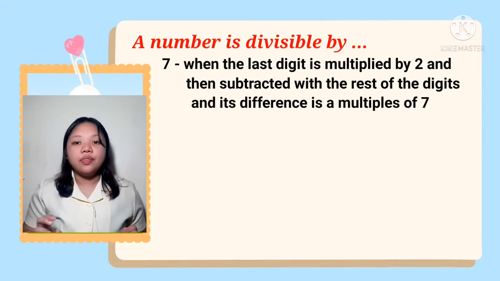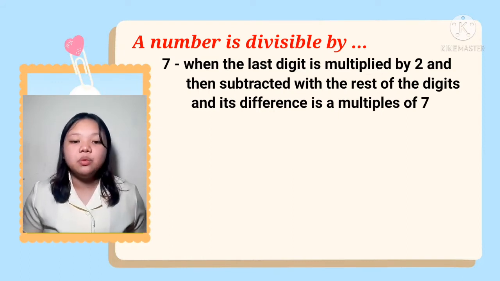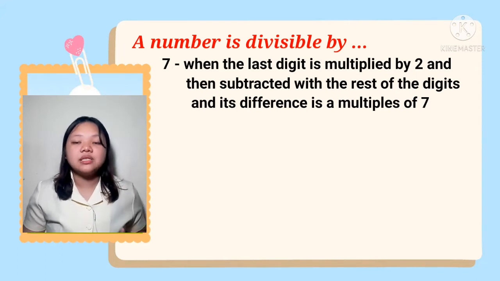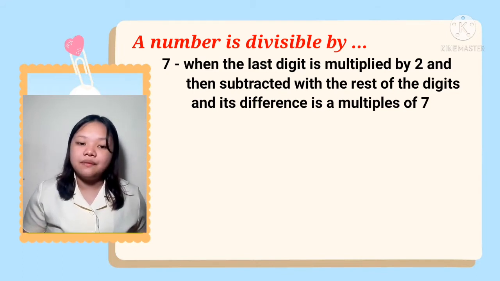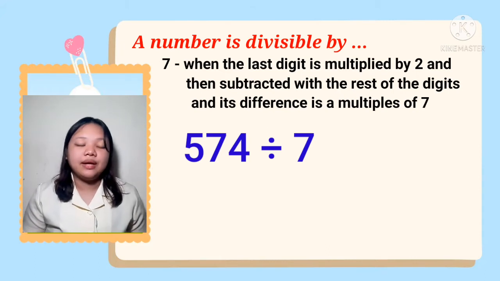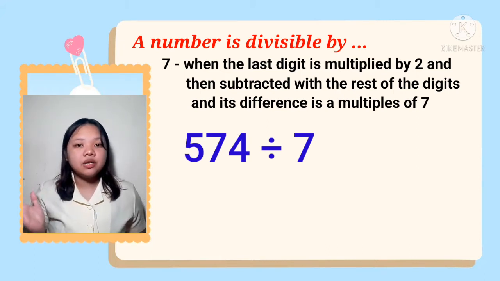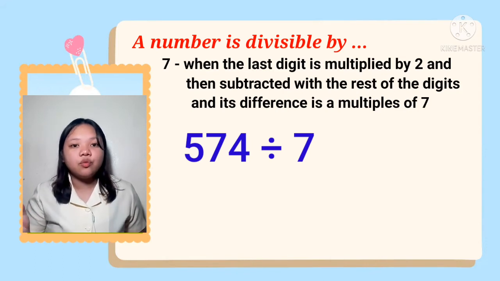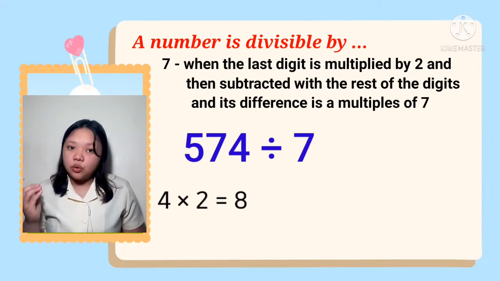A number is divisible by 7 when the last digit is multiplied by 2 and then subtracted from the rest of the digits, and the difference is a multiple of 7. So for example, 574 divided by 7. From 574, let's multiply the last digit, which is 4. 4 times 2 is equal to 8.